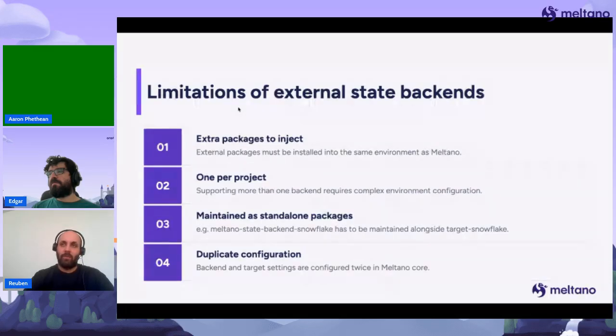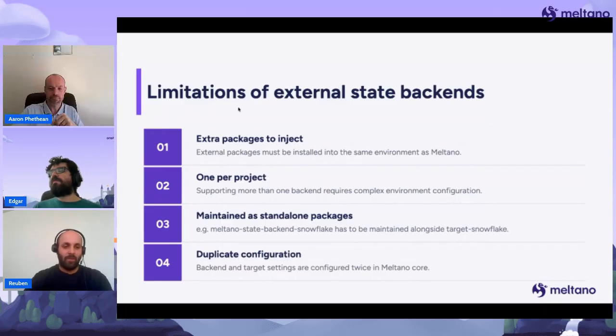Because you've injected this extra package into your Meltano environment, you therefore have to patch your Meltano environment. And because that is a single virtual environment within itself, you start opening the door to potentially conflicting dependency versions within that particular environment.